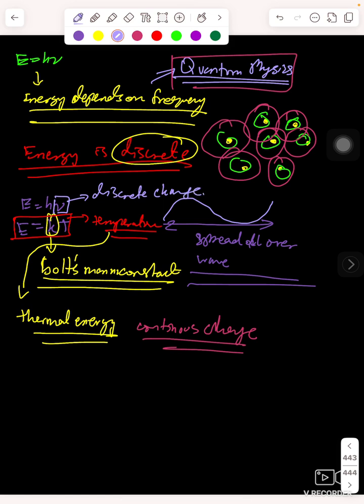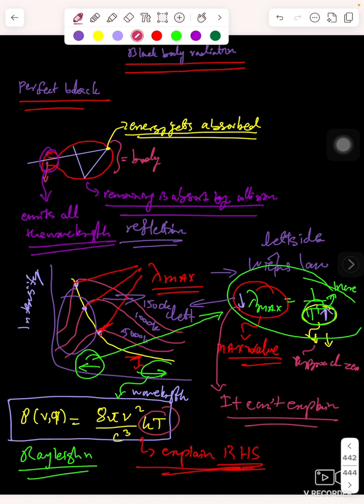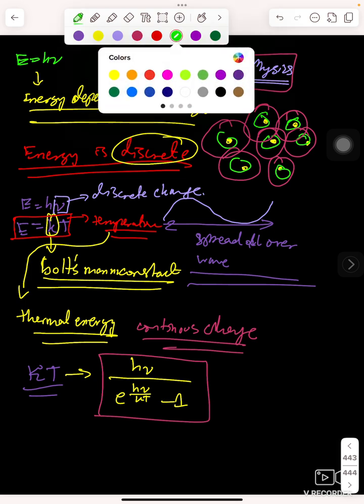So what Max Planck did, not Einstein, although Einstein also had some contribution to this, is he replaced kT with h v over e to the power of h v over kT minus 1. By putting this equation instead of kT, look what we get.